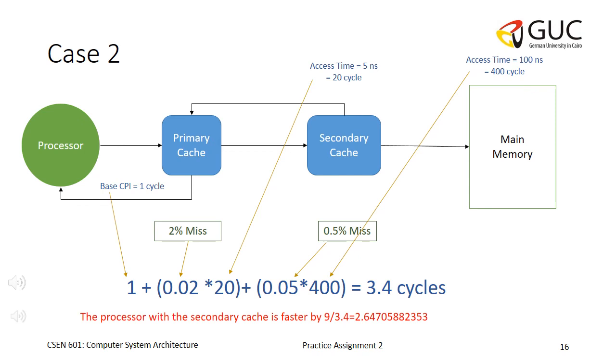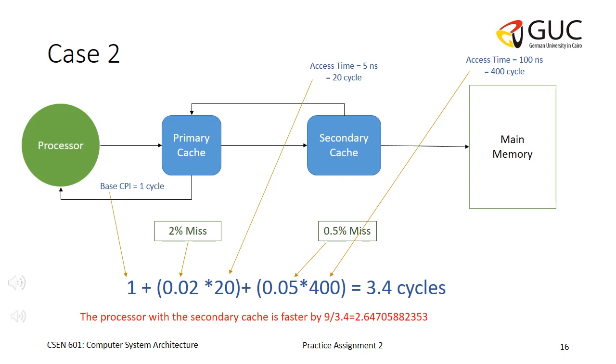And how many clock cycles does accessing the secondary cache consume? It consumes 20 cycles. If we accessed the secondary cache every time, we would have 20 cycles as a cost, but we will access it only 2% of the time, which is 0.02. This is the second port.